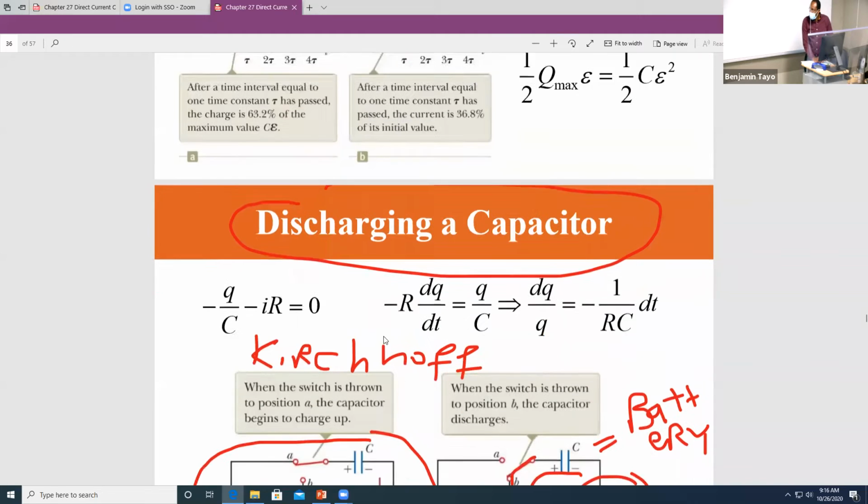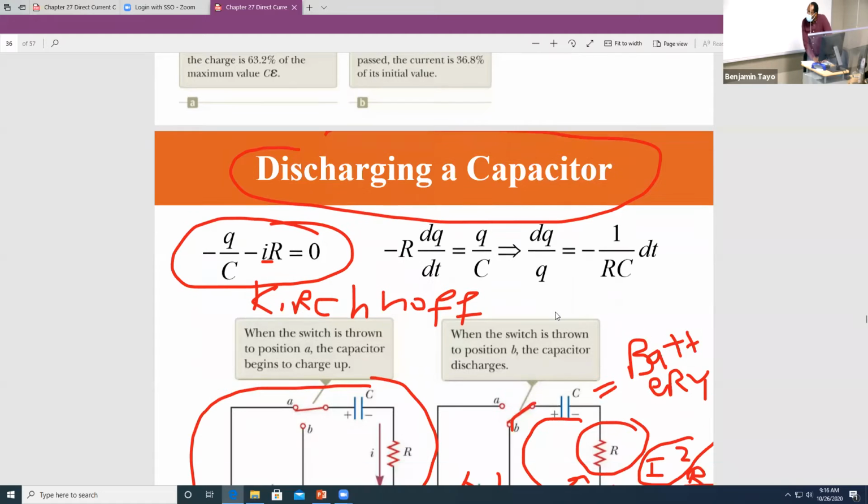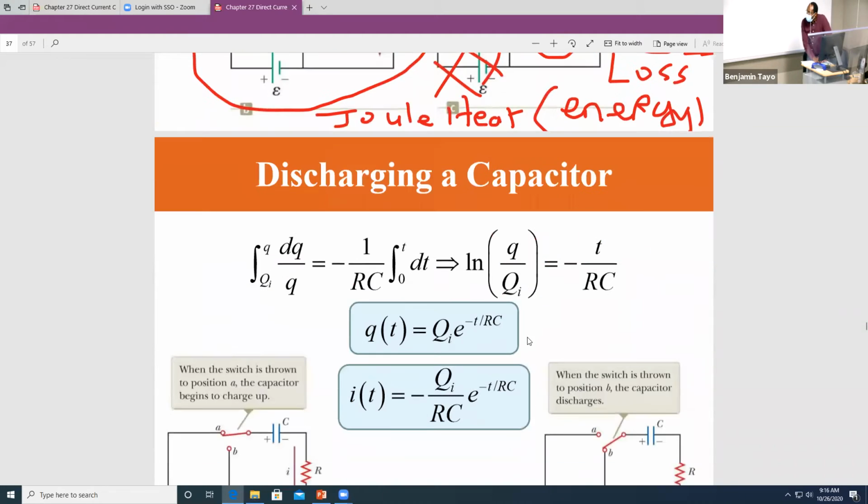Then there is no power supply, you just get this equation right here. So the negative Q over C is the voltage across the capacitor, and then this is the voltage across the resistor. If you rearrange this equation a little bit, you obtain this equation, and then doing some integral here, you get the charge and the current.